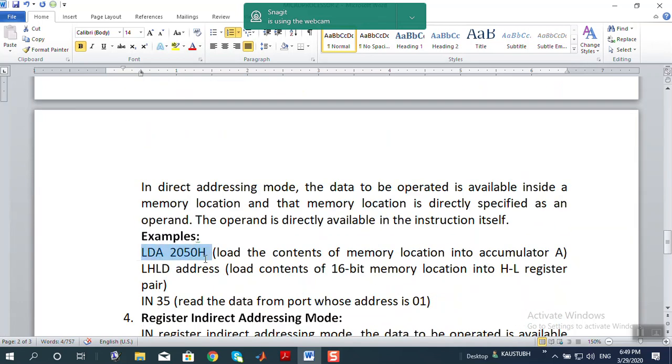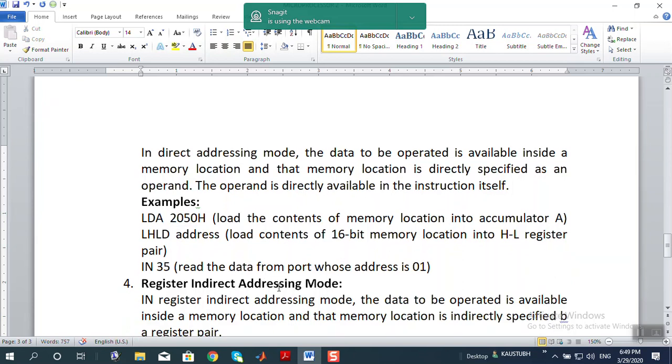The meaning of this is it will load the accumulator with the data which is present inside the memory location whose address is 2050. So load the content of the memory location into the accumulator.